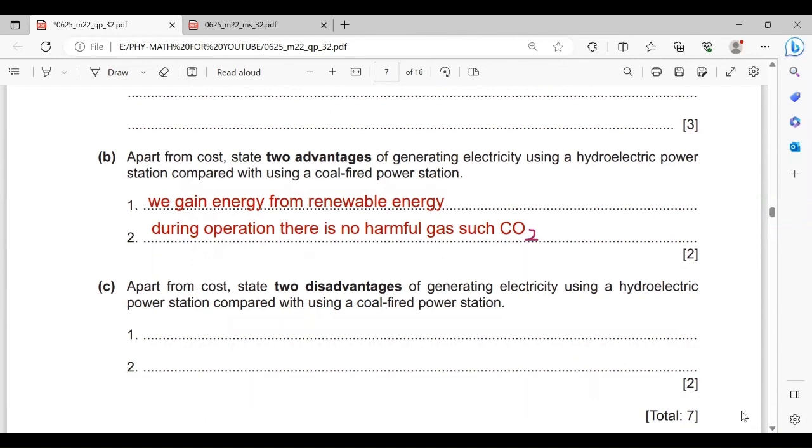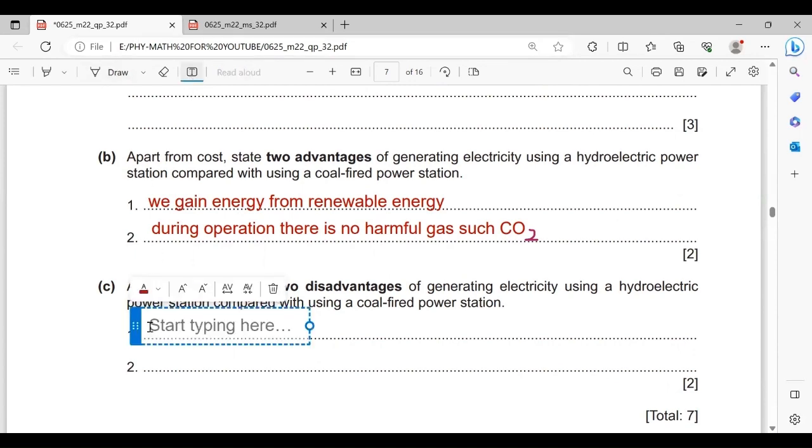Okay, so for C, it needs a large area of land flooded.